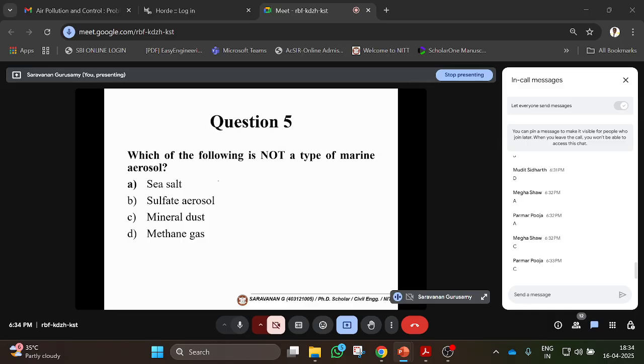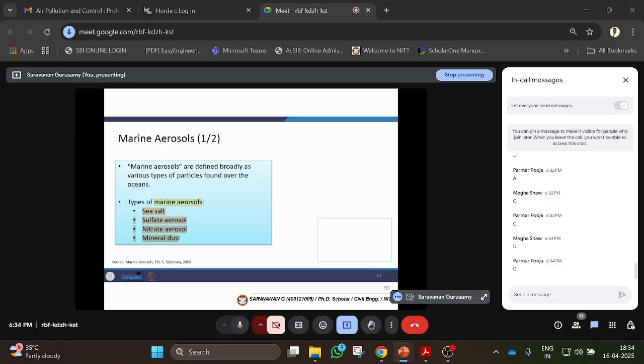Which of the following is not a type of marine aerosol? We have sea salt, sulfate aerosol, mineral dust, methane gas. Mineral may come from marine, sulfate aerosol may come, sea salt may come, methane gas I don't think will come from marine. Sea salt, sulfate aerosol, nitrate aerosol and mineral dust are marine aerosols.